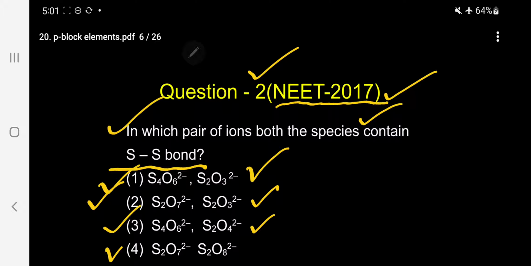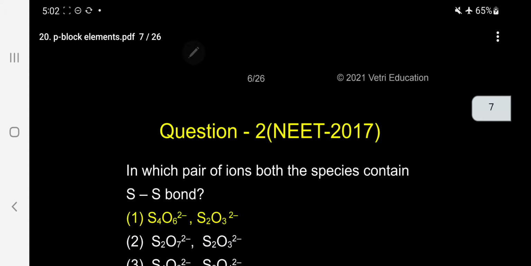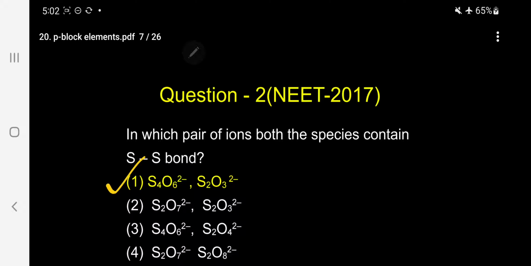Now, the correct answer is S4O6 2 minus and S2O3 2 minus, A is the correct answer.